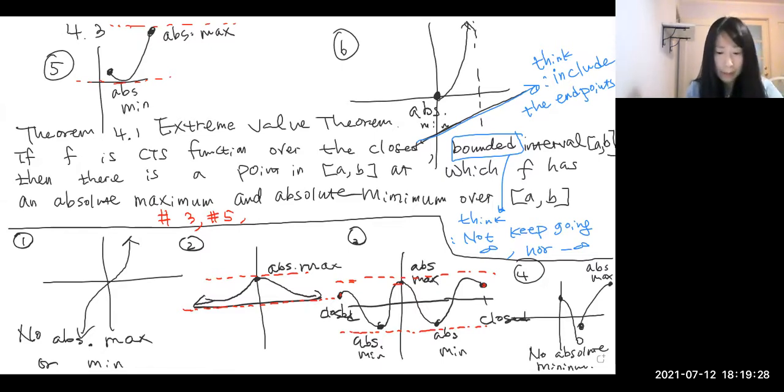Let me erase. All right. Then look at this one. We have another definition from pre-calculus. So this is a local maximum.